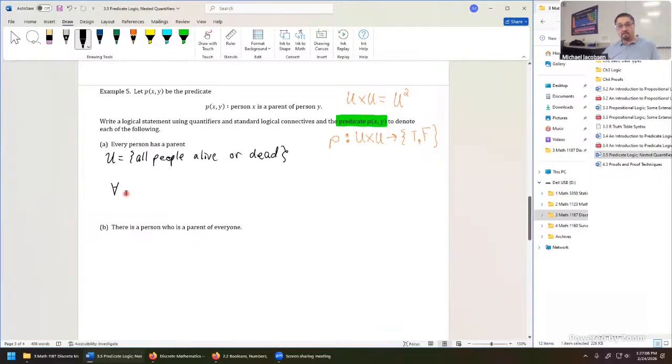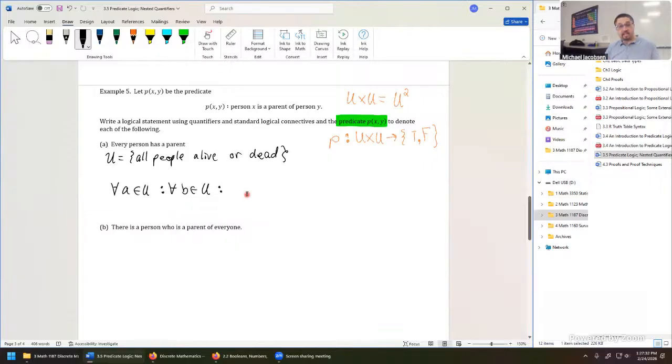The first one I'm putting down, I'm going to think of as, let's say, an A in U, or you can keep these as X's and Y's. That's really up to you. Then for the next one, I'll say for all B in U, because they're both universal quantifiers, I can swap the order. That's okay.